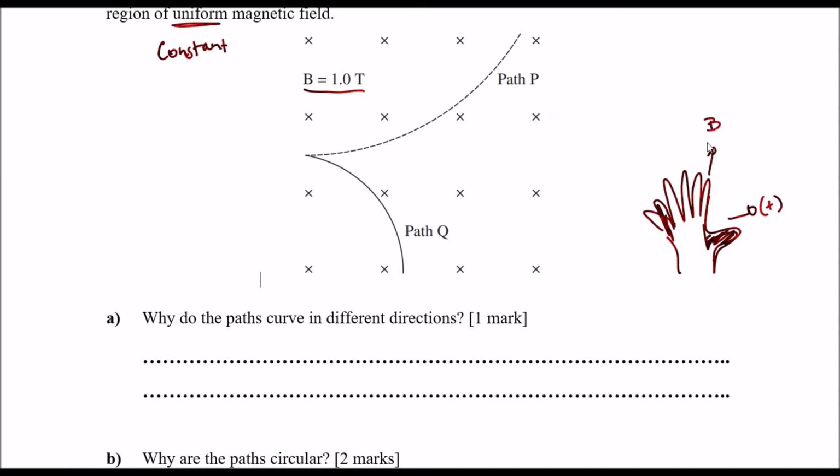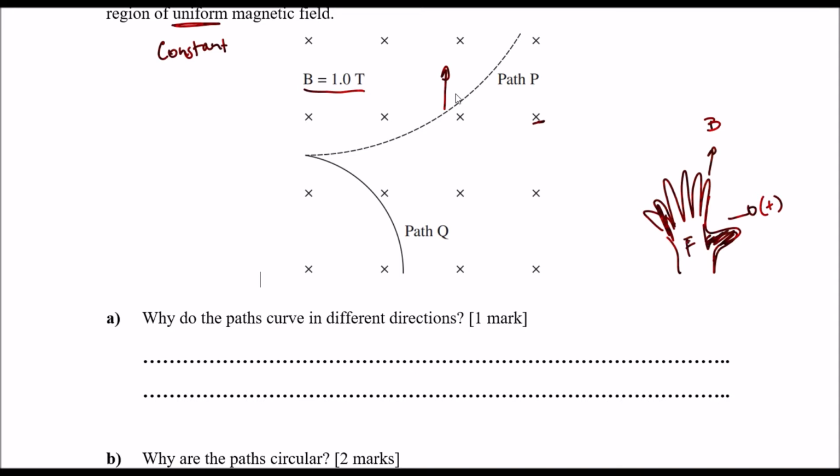The direction of your fingers is the direction of the magnetic field, which in this case is into the page. And the face of your palm is the force. So if the path is going up the page here, that means your palm is facing upwards. Your fingers are pointing into the page.